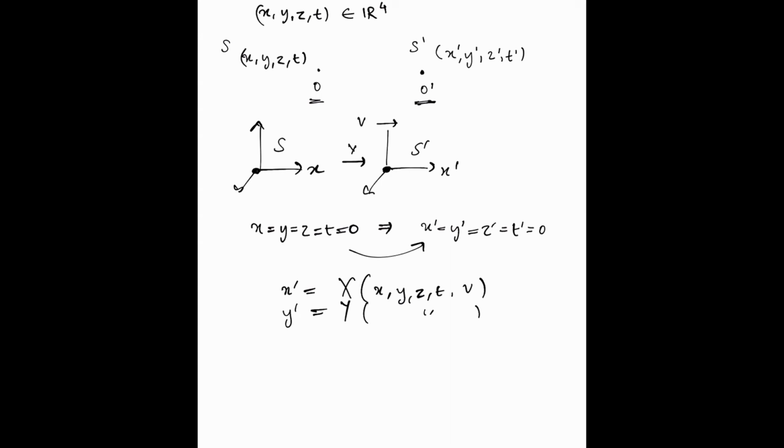So I can write this in compact notation as w vector dash equals some function of w vector, where w is the vector x, y, z, t, all right? And f_v has the components capital X which acts on x, capital Y which acts on y, capital Z which acts on z, and capital T. So this is the notation that I have.